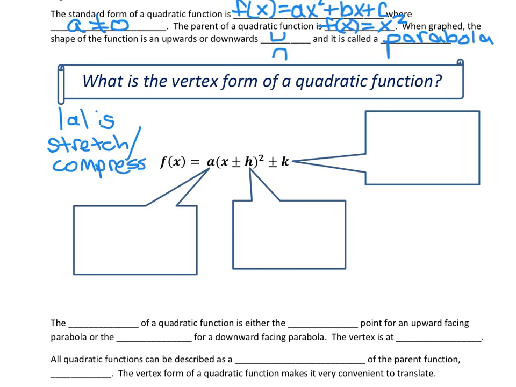And the sign of a, of course, is important as well. So if a is less than 0, in other words, if it's negative, then that is a reflection. It's a downward facing U, and we would call that a reflection over the x-axis.